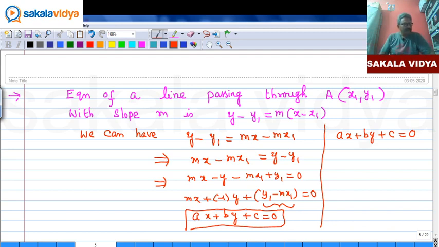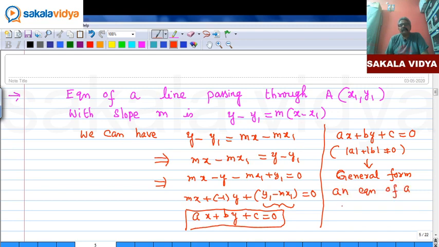One thing to remember here: mod a plus mod b does not equal 0, that is, a and b should not be simultaneously equal to 0. With this condition, this is called the general form of an equation of a line.